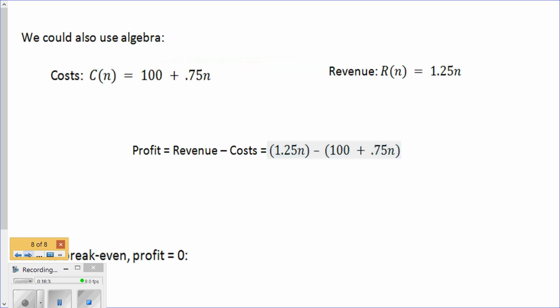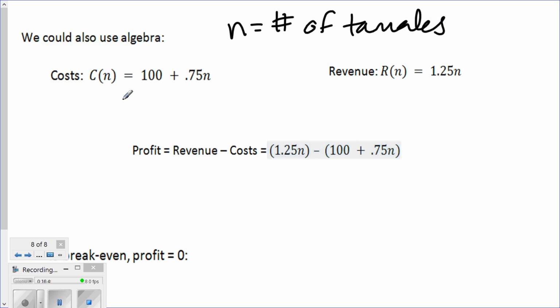Now let's look at the problem with a more traditional algebra approach. The cost equation ends up being 100 plus 0.75n, where n is the number of tamales. The $100 is our fixed cost.